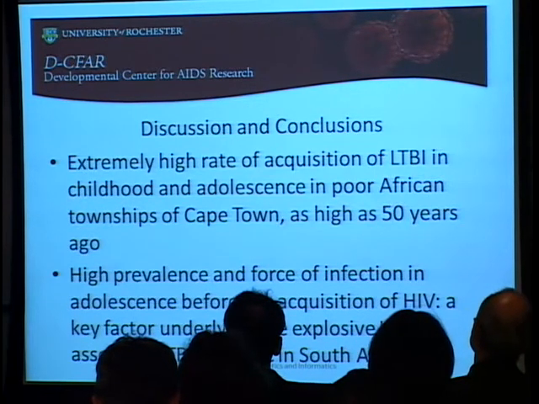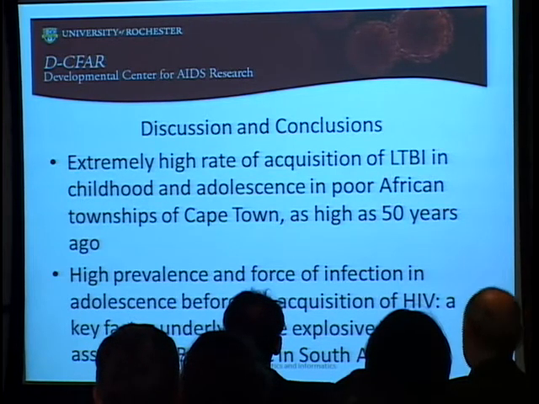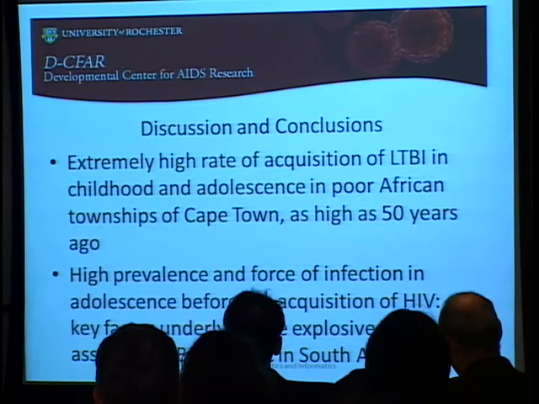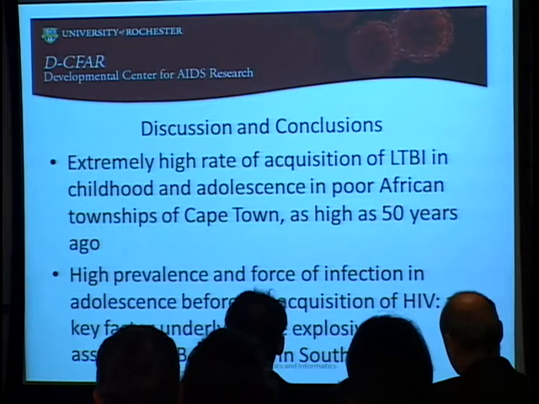From this data we can see that the high prevalence and force of infection in children before they get HIV is probably a key factor underlying the explosive HIV-associated TB epidemics.